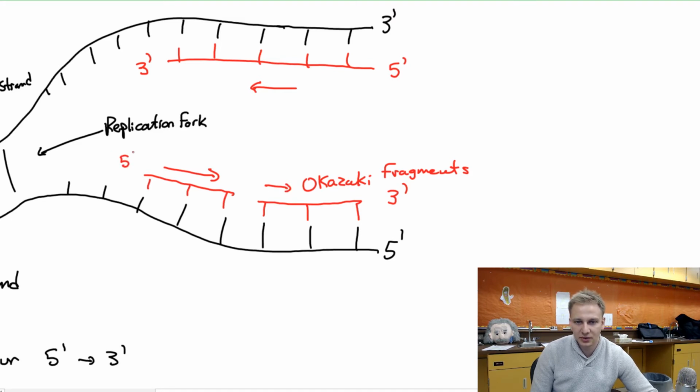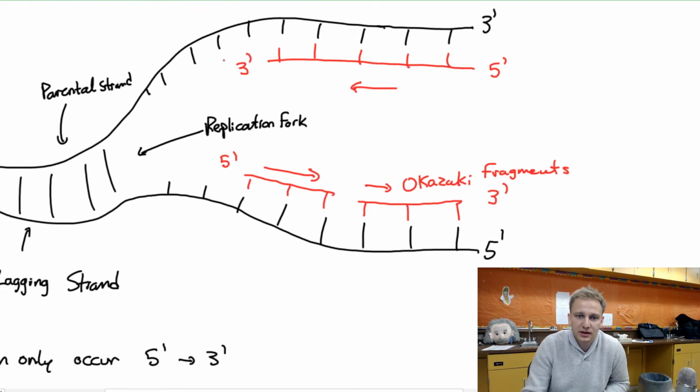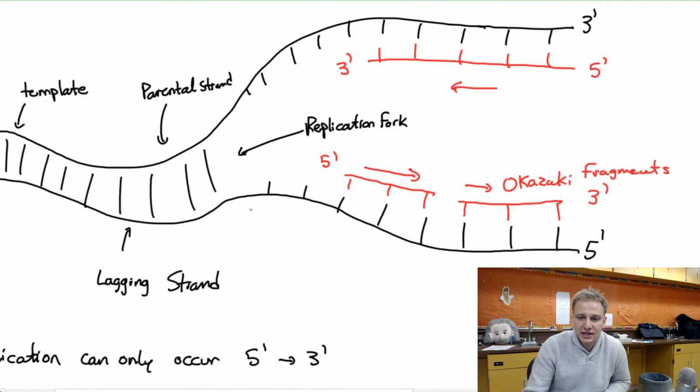They all will be replicated in the 5' to the 3' direction. But we need to do it in small little chunks. Whereas for this top one here on the parental strand, that can all happen in one big go at it. And so that's why the lagging strand gets that terminology.